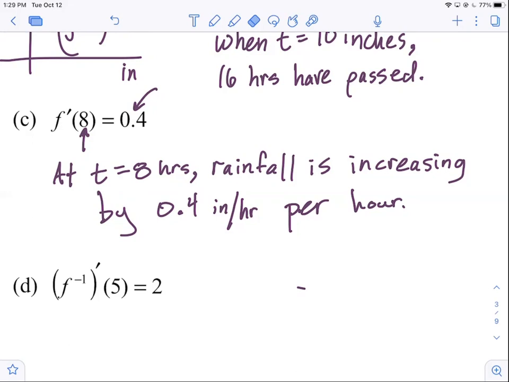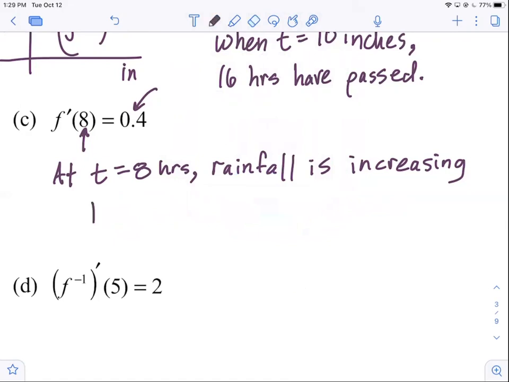No, hey, remember, I have brain damage this year. Not enough oxygen. At t equals 8 hours, rainfall is increasing by, okay, let me stick to my own accounting or reconciling rule. What are we measuring rainfall in?